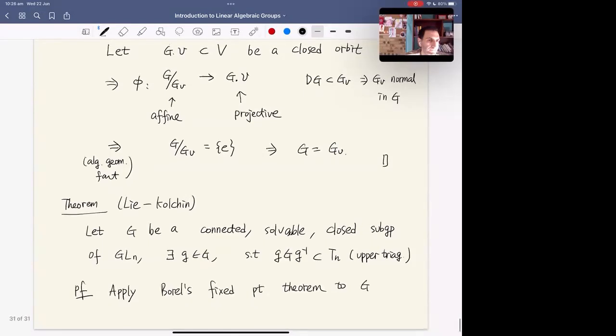So we can apply the theorem to the G action on the flag variety. Of course, I didn't discuss the flag variety, but this is a projective variety. This is what we wrote down the other day, the set of all flags, and you can give it a projective variety structure. Okay, so I guess I'm out of time, so I'll stop here.